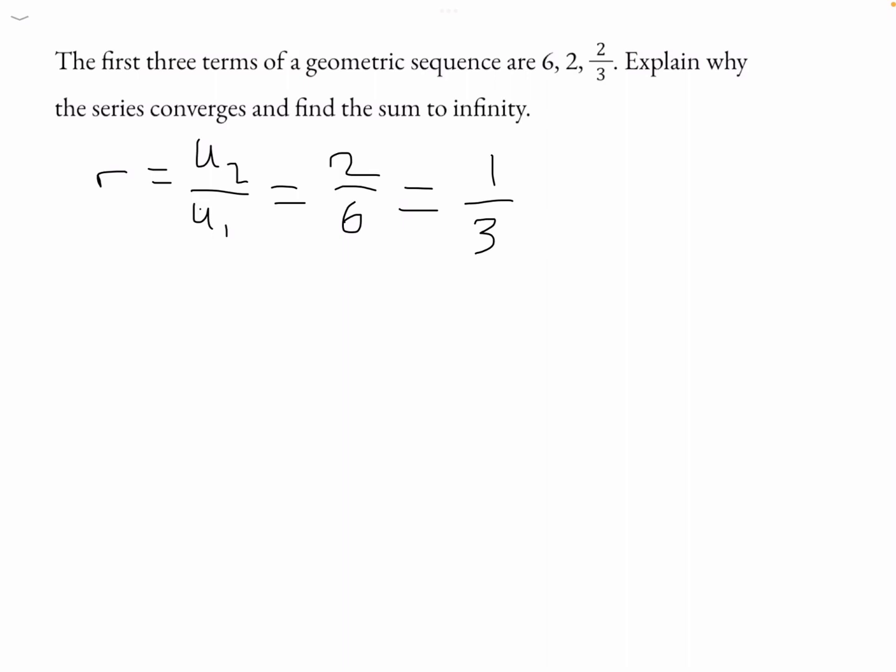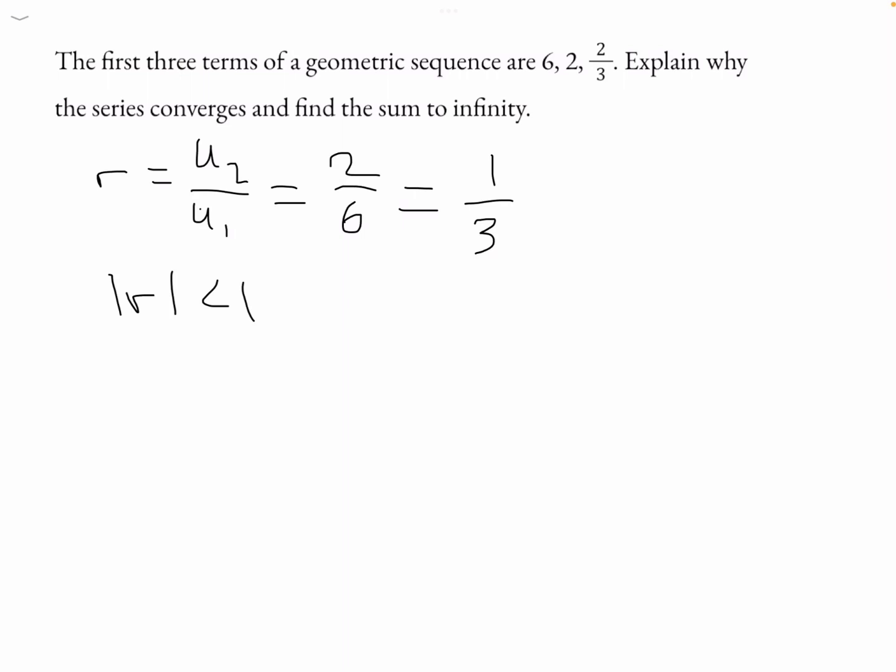Now, since r is equal to 1/3, the absolute value of r is less than 1. So therefore, the series converges. So that's how you would explain why a series converges.